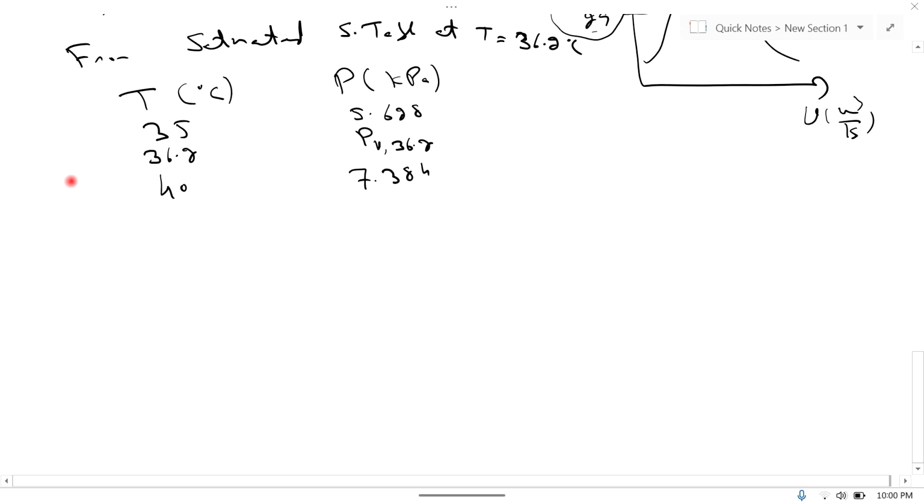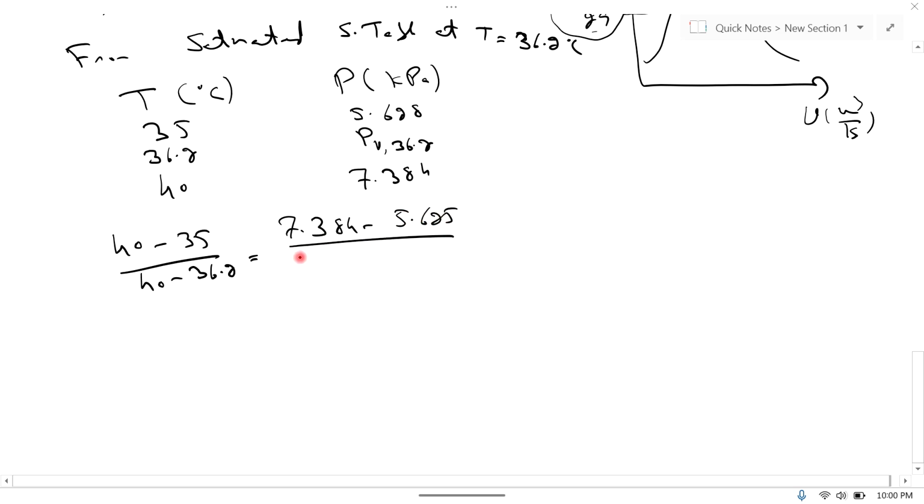So third minus first, 40 minus 35, divided by third value minus second value, is equal to third minus first divided by third value minus second value, PV comma 36.2. PV is equal to PS, because this is the pressure of vapor. So solve this and find the pressure.